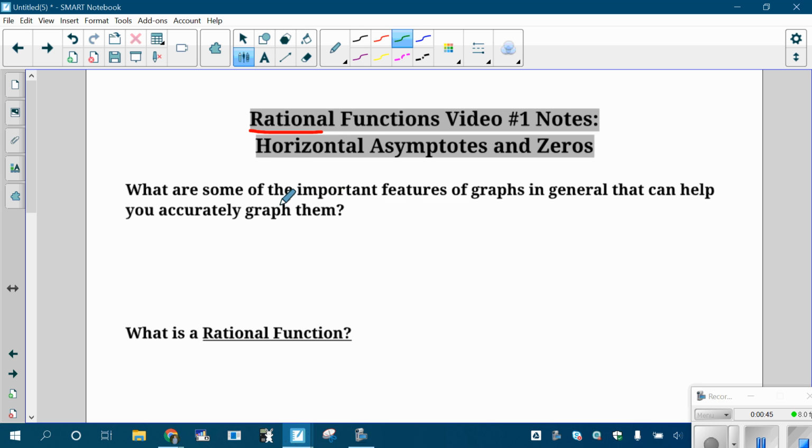What are some of the important features that we've used to help us graph stuff? What have I asked you to find about functions to help us graph them? You want to graph something, what do you find? Take a minute to brainstorm a little list.